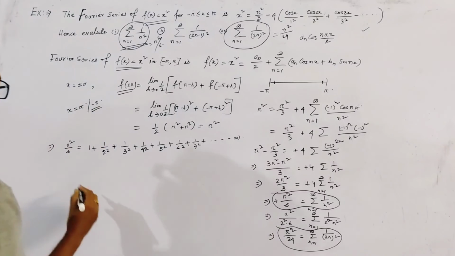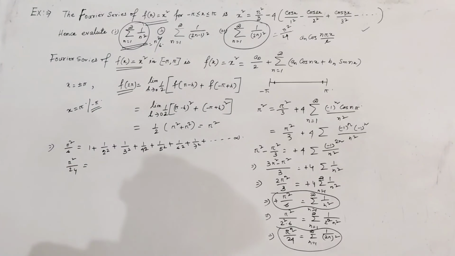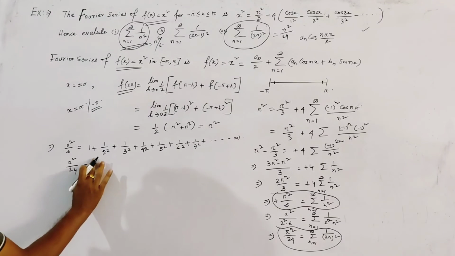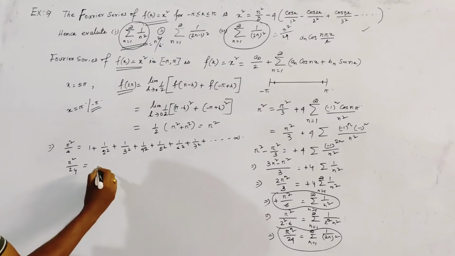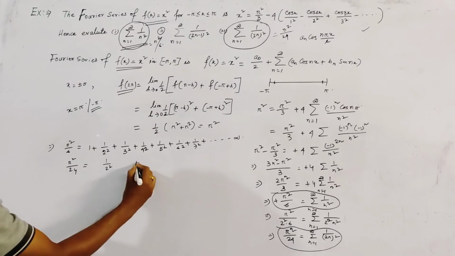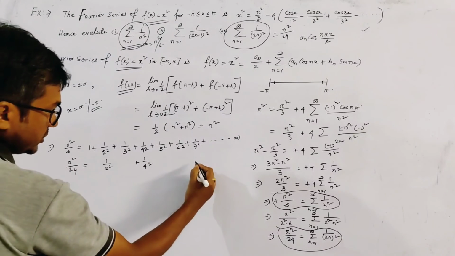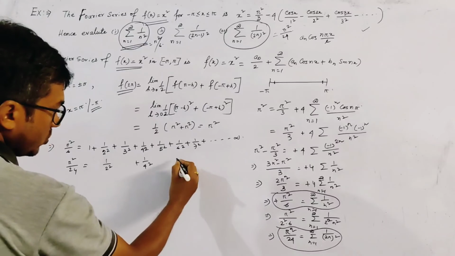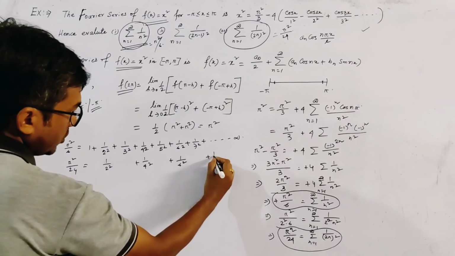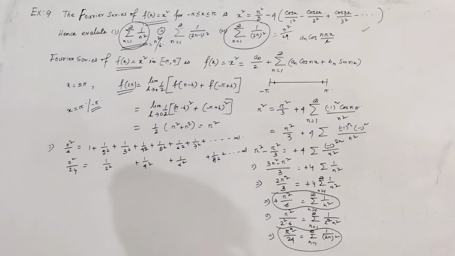And from here we get pi square by 24, given by 1 by 2 square, and the second term is 1 by 4 square, and the third term is 1 by 6 square, and the fourth term is 1 by 8 square. That is, we get all the even terms.